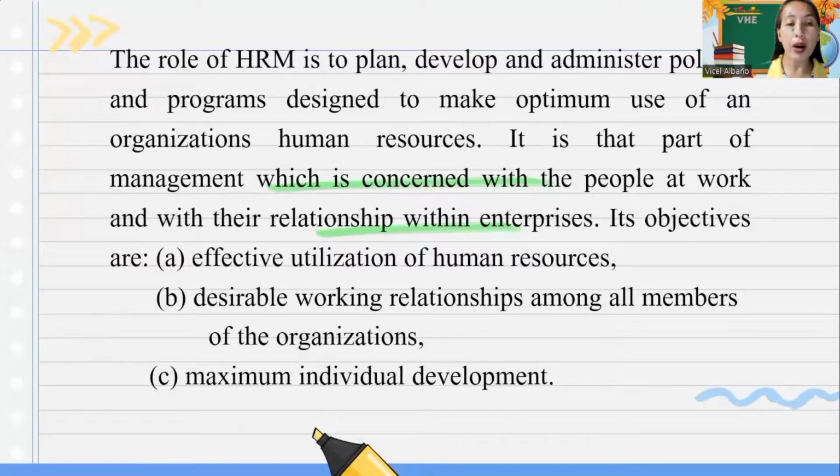It is the part of management concerned with the people at work and with relationships within enterprises. Its objectives are effective utilization of human resources, desirable working relationships among all members of the organization, and maximum individual development.